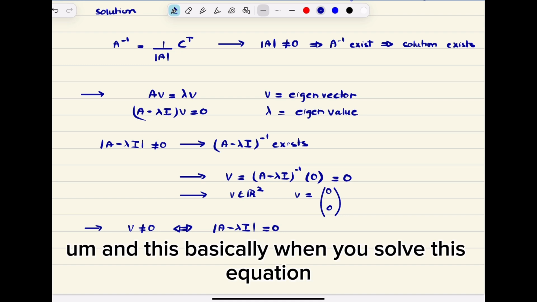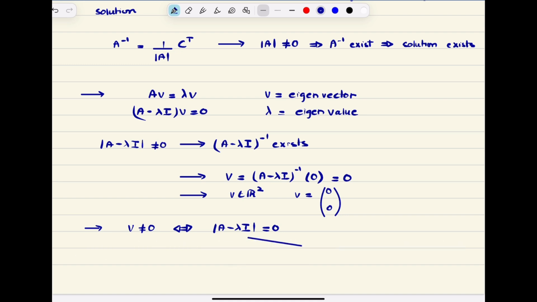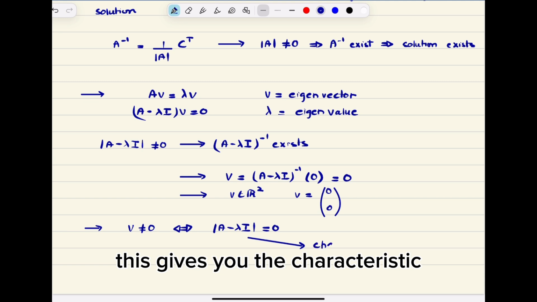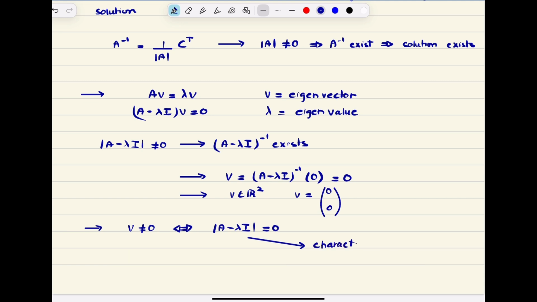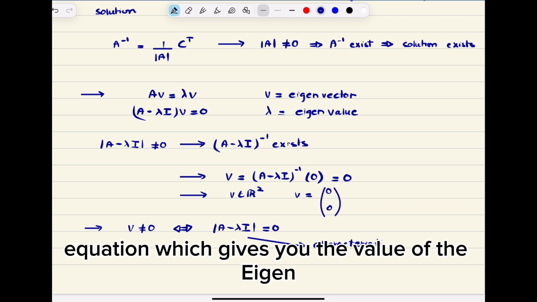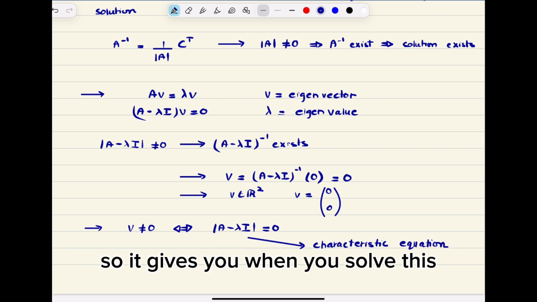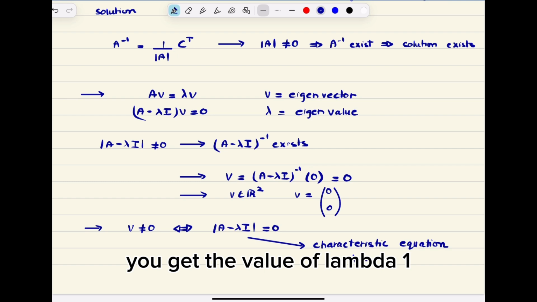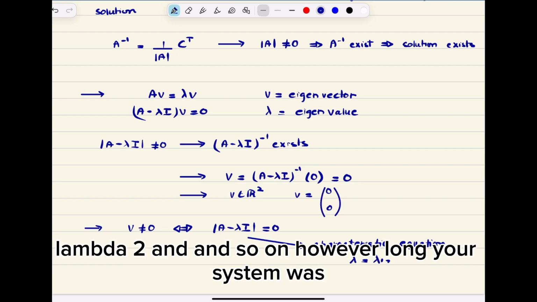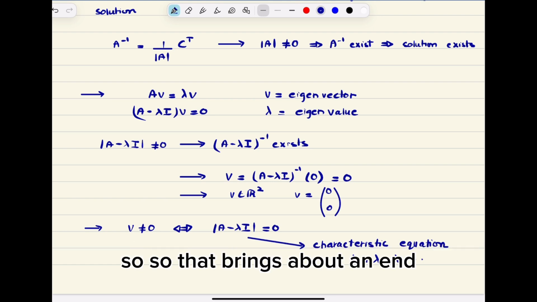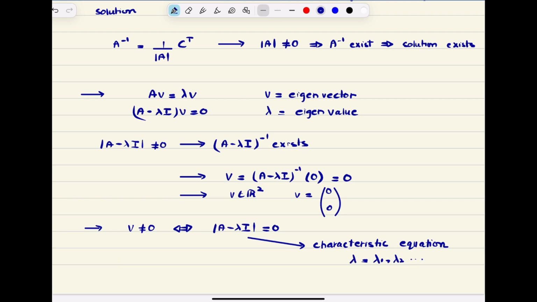And when you solve this equation, it gives you the characteristic equation, which gives you the values of lambda. So when you solve this, you get the values of lambda 1, lambda 2, and so on, however long your system was. So that brings about an end.